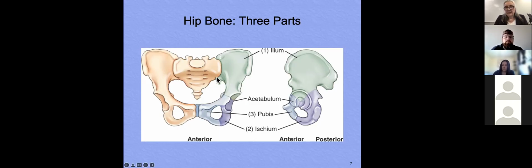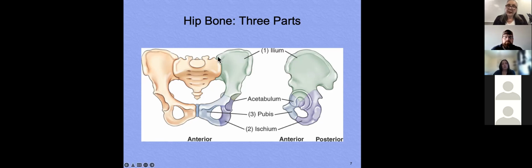The same thing right here. This right here is the sacrum. This is the ilium. Therefore, this joint is the sacroiliac joint. We talk about the sacroiliac joints more so in the next unit, which is the vertebrae.